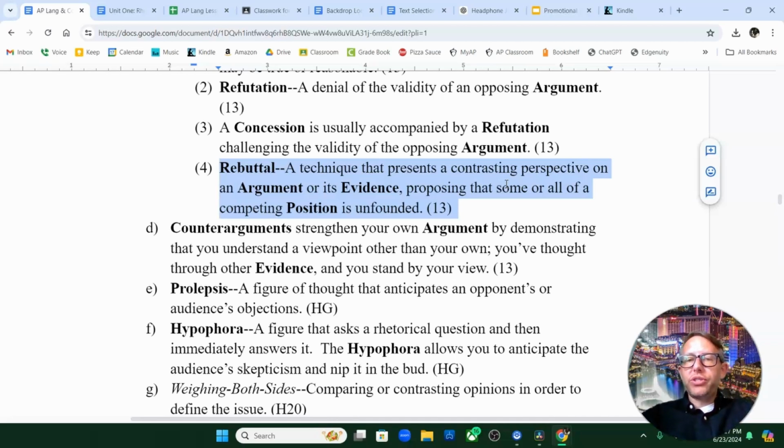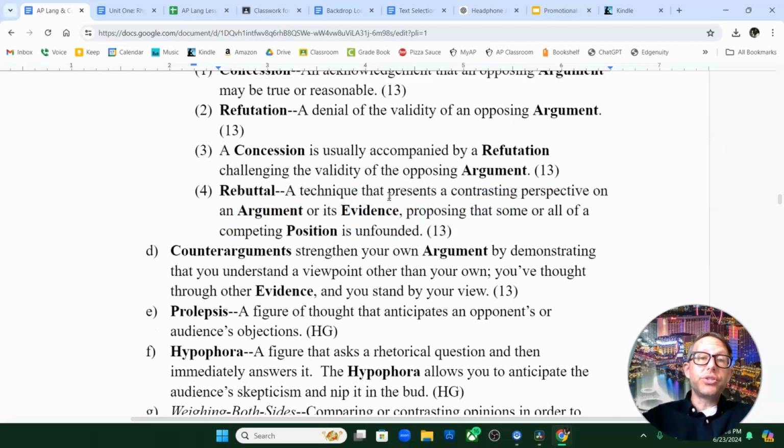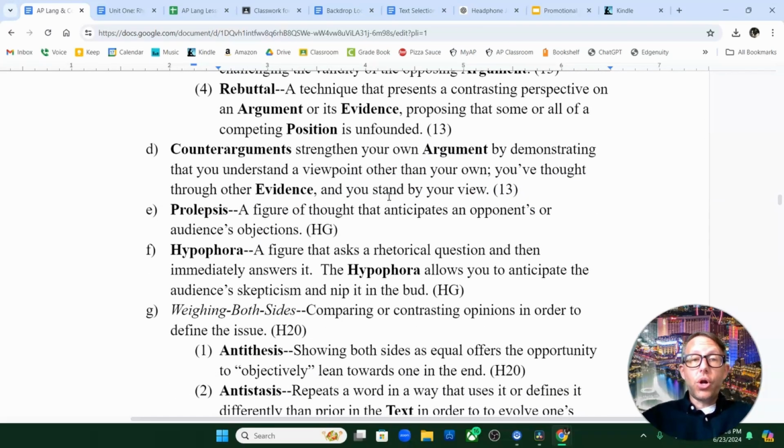Rebuttal is really assuming that your opposition has made a compelling argument or presented some compelling evidence already, and now it's just your chance to say, okay, well, that's not true, or that's not a good perspective on it, or that doesn't meet our standards of the advantageous as far as Aristotle would be concerned. So that's what we mean by rebuttal. Those are your three options whenever you're trying to present counter arguments.